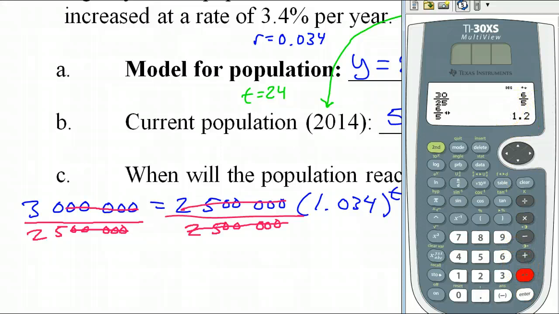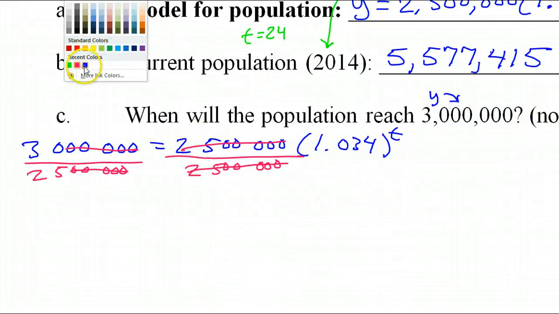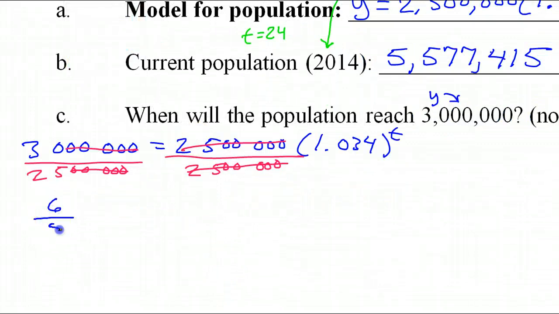So you're welcome to use 1.2, but again, if this had been some decimal that went on, you couldn't use it. So you'd have to use a fraction. I'm going to use the fraction just to show how the pros do it. So 6/5 is equal to 1.034 to the t power.